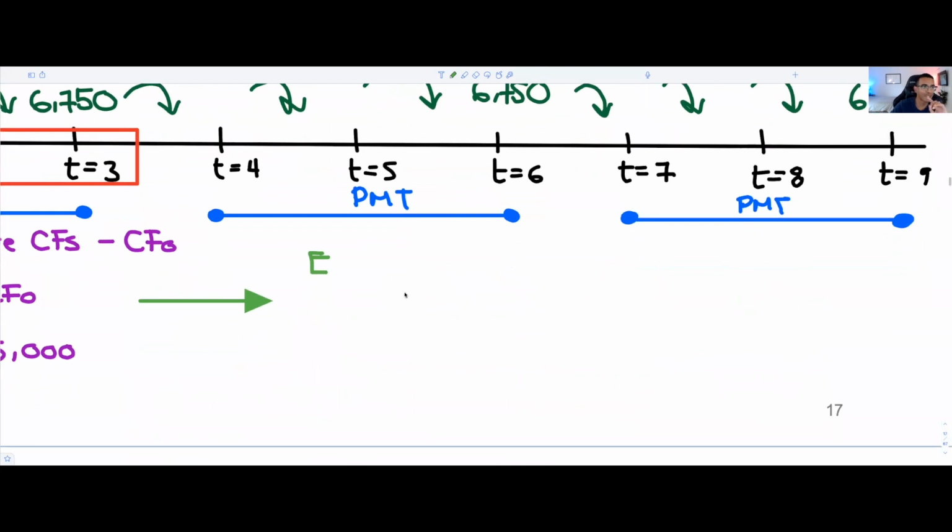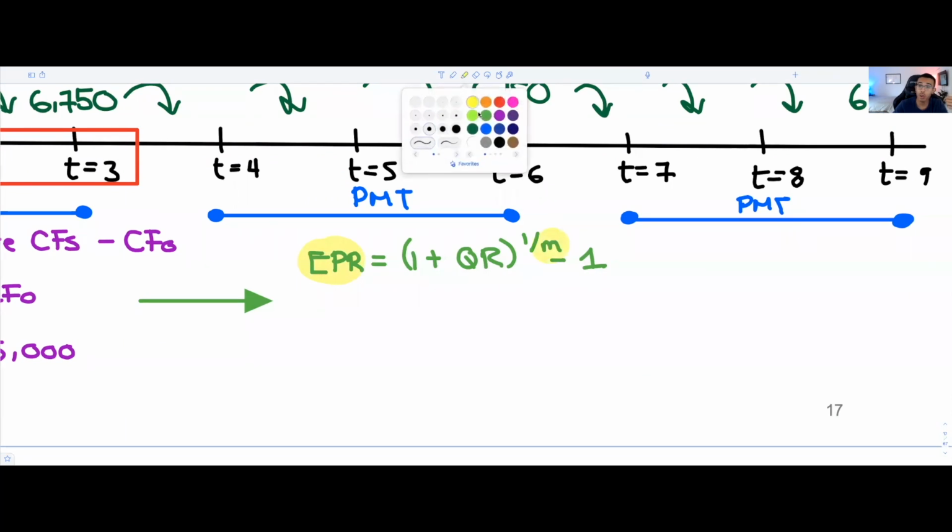But remember this from our time value of money chapter, and there are some videos on this: the effective periodic rate was simply equal to 1 plus the quoted rate over m, to the exponent of 1 over m, minus 1. However, in this case, we have the effective periodic rate and we have m, but we don't have our quoted rate. Our quoted rate would be our annual rate in this case.